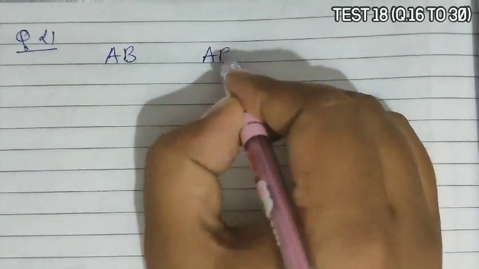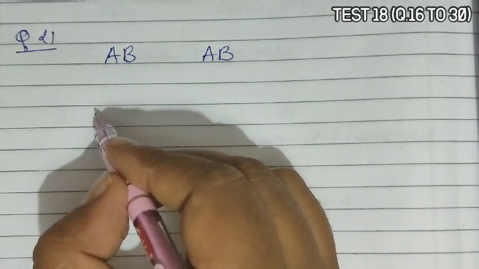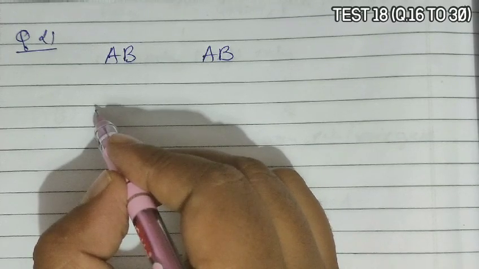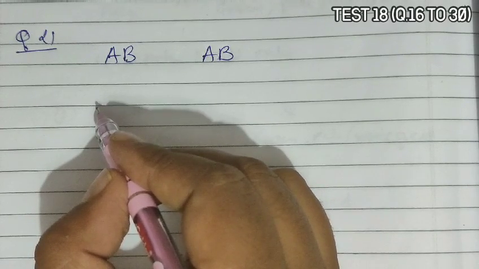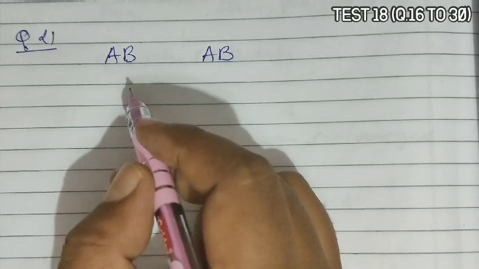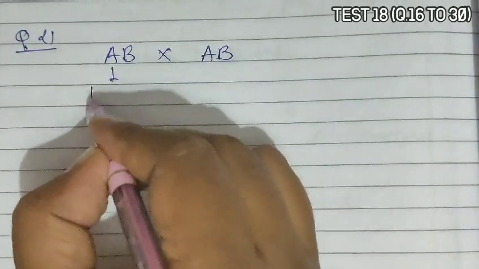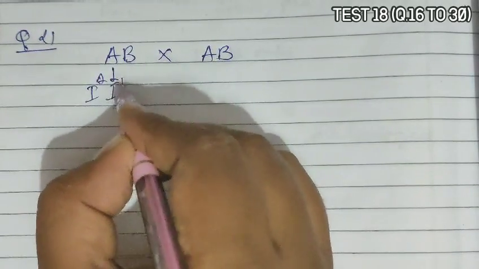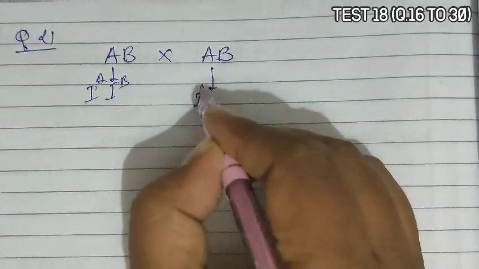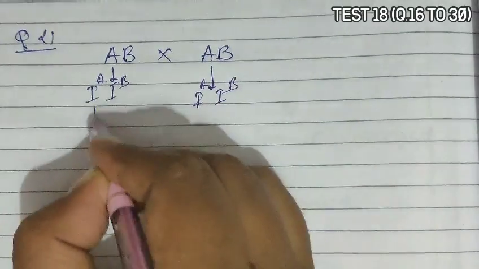Question 21 asks that if two persons with AB blood group marry and have a sufficiently large number of children, these children could be classified as A blood group, AB blood group and B blood group in the 1:2:1 ratio. Here they have IA and IB genotype, and here also they have IA and IB genotype.